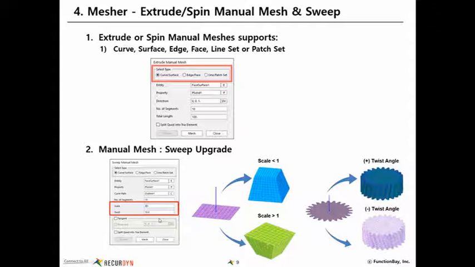So just a couple new features to make the manual meshes a little bit easier to use and a little bit more useful. There's still a fairly limited number of cases in which you'd want to use a manual mesh, but it's starting to get a bit more useful.